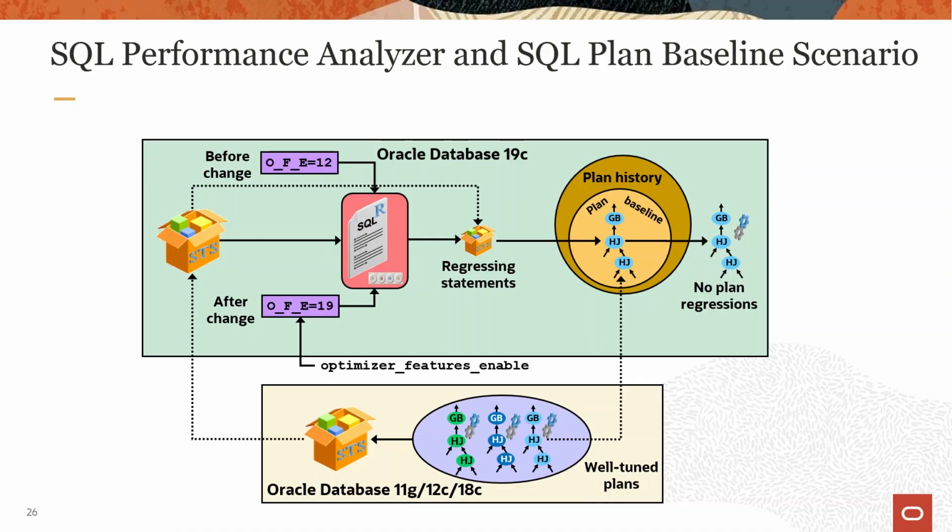And what you upload manually are automatically accepted plans, in fact. So if then your optimizer_features_enable is 19, and for a particular statement it comes up with a bad 19C execution plan, it says, I'm going to put it in the history, but I'm still using one of the plans that I've uploaded myself that were generated in an 11G, 12C or 18C database.